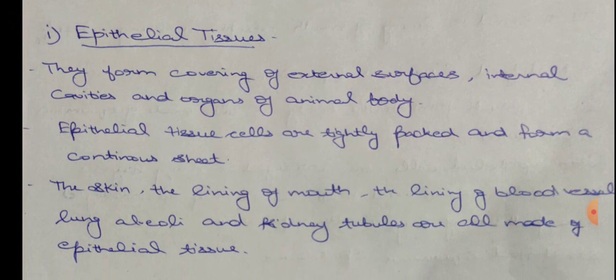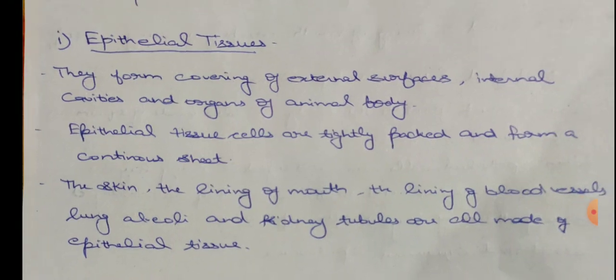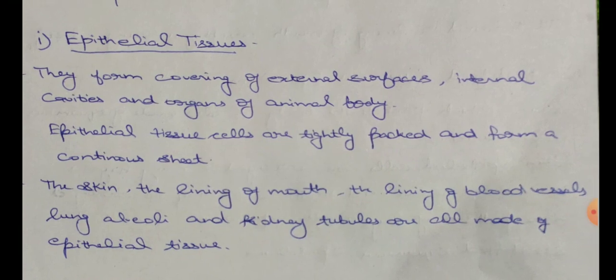External surfaces, very important, and internal cavities means the lining of the hollow organs of the animal body, the internal lining. Epithelial tissue cells are tightly packed and form a continuous sheet-like structure. The skin, lining of mouth, lining of blood vessels, lung alveoli and kidney tubules are all made of epithelial tissue.